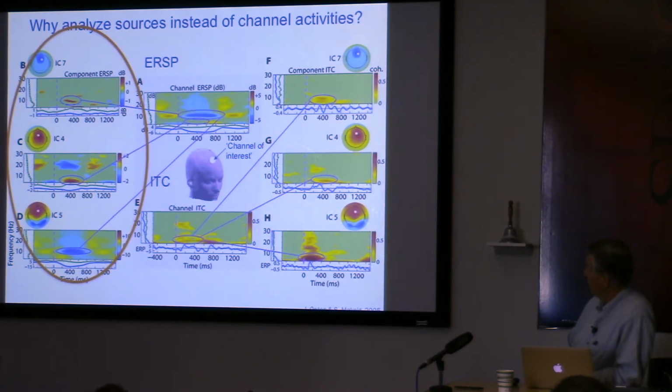Now if you look at what happens in various component processes, there's a frontal one at the top, also frontal in the middle, and an occipital process, you see quite different things are happening, and they're all contributing.